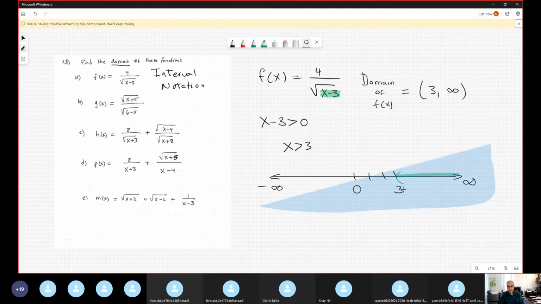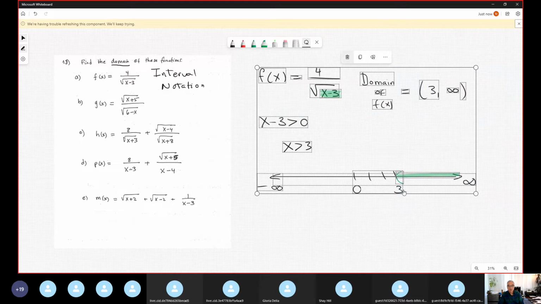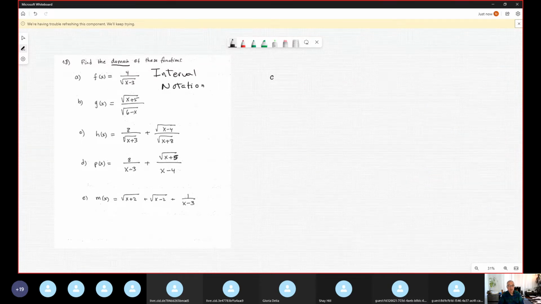Next is another function, a different name, g, and this looks more complicated because we have one radical in the top and one radical in the bottom. So remember the assumption is all real numbers except the restrictions.